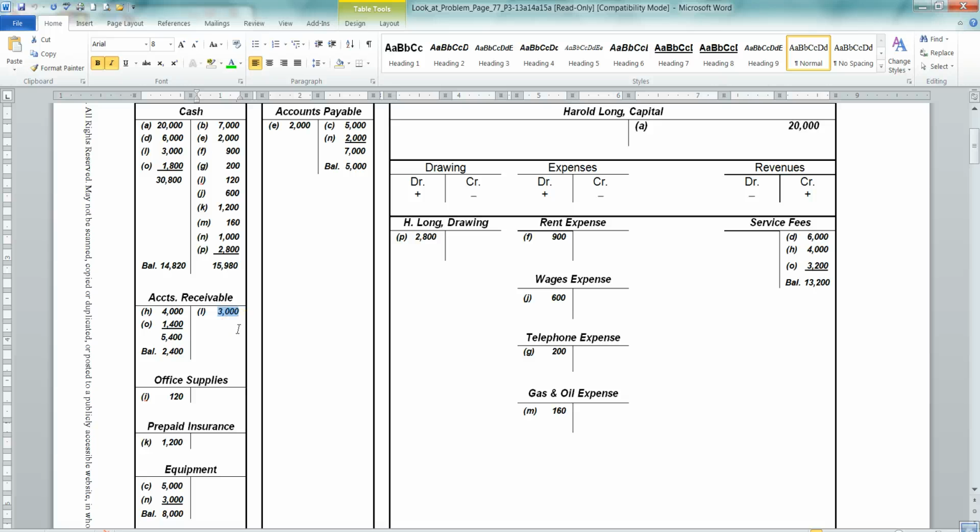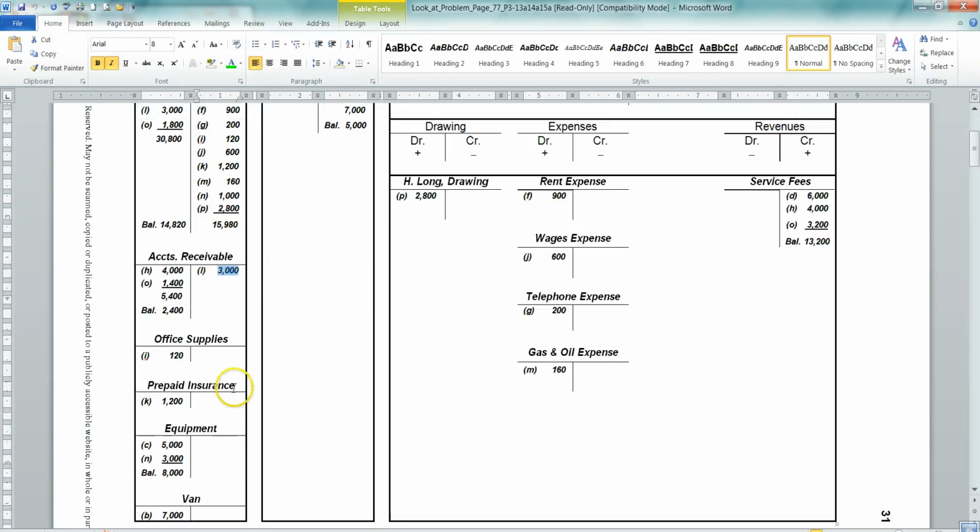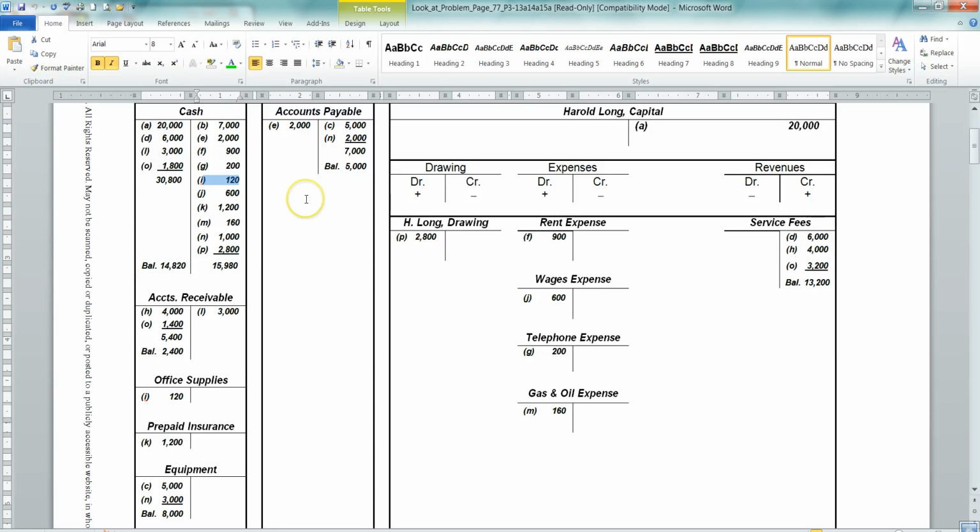Paid cash for gas and oil expense for the van. So gas and oil expense, we're going to debit, and we are going to credit our cash account. Purchase additional equipment for $3,000, paying $1,000 in cash and spreading the remaining payments over the next 10 months.